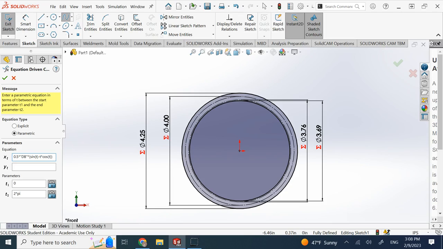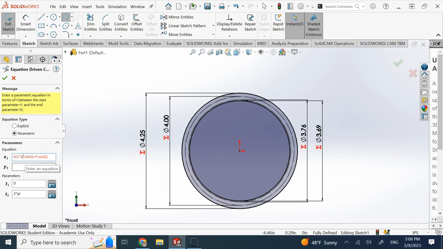Okay, and then we have something similar for the vertical coordinate, and you see it right away. It is going to give me a red thing because in this area it is not going to recognize that dB. So I need to, unfortunately, type in the value for the base diameter, and that number is, as you saw, 3.76.